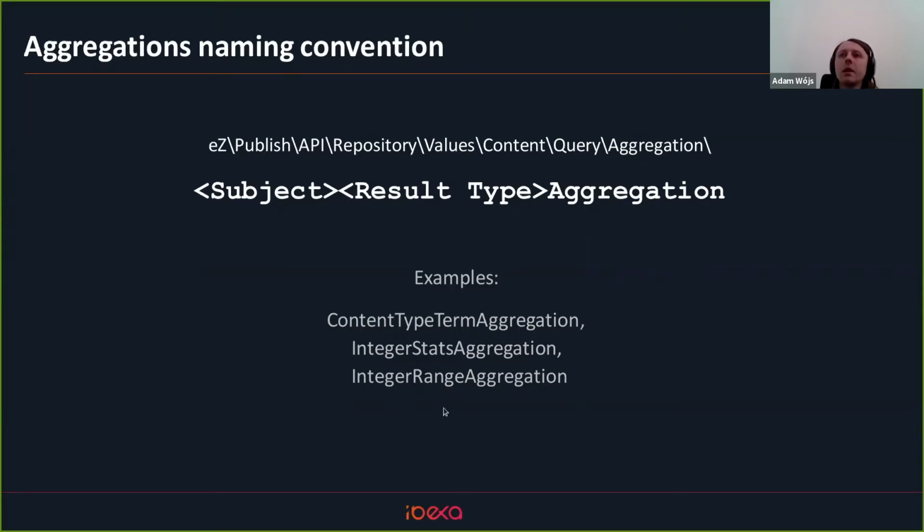Those are examples like content type term aggregation, integer stat aggregation, integer range aggregation. In this example, you could see why we decided to add the result type as part of the name. Right, you could have different types of aggregation working on the same subject.